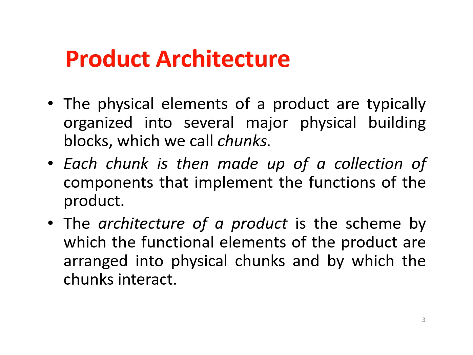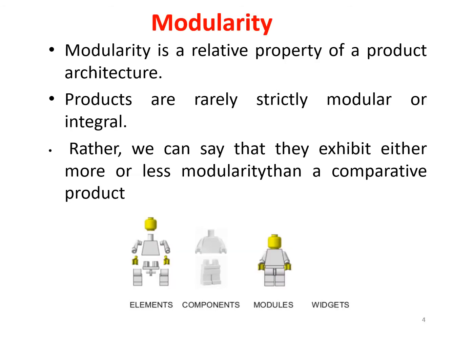The architecture of a product is the scheme by which the functional elements of the product are arranged into physical chunks and by which the chunks interact. That's what we call a liaison between parts. Liaison means the relationship between components, association of movements, association of functions, etc.